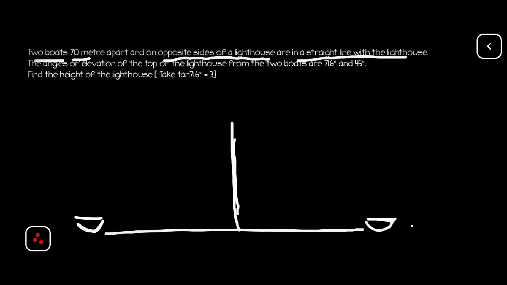Another thing is the two boats are 70 meters apart, meaning that from this point of this boat to this point of this boat is 70 meters. Let me indicate it like this. Now the angles of elevation of the top of the lighthouse from the two boats are 71.6 degrees and 45 degrees.